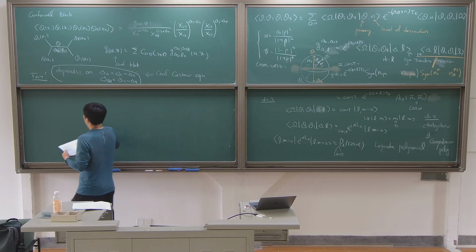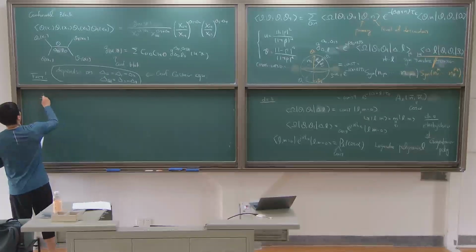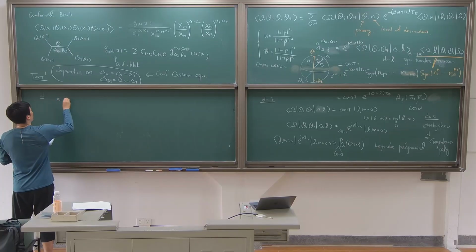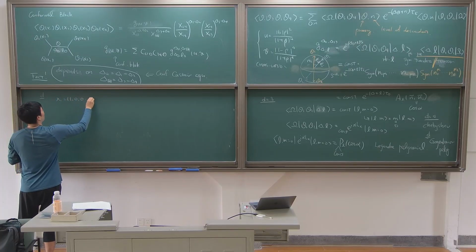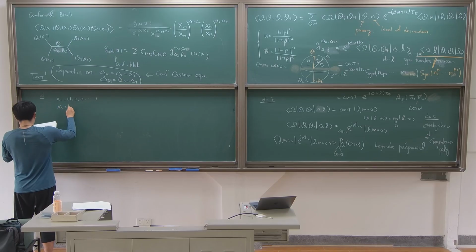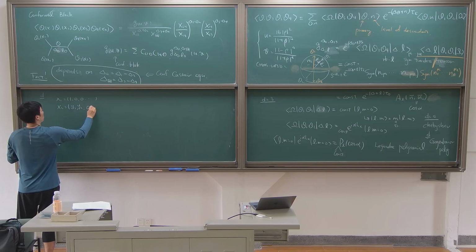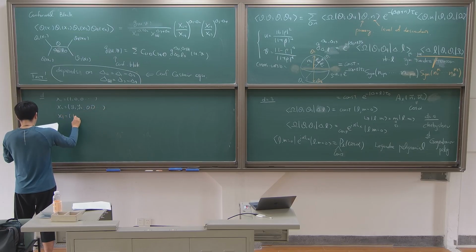So when you consider the dimension, x1 to be (1, 0, 0), like this way, x2 to be (y1, y2, 0, 0), and x3 to be (1, 0, 0), so this should be 0.